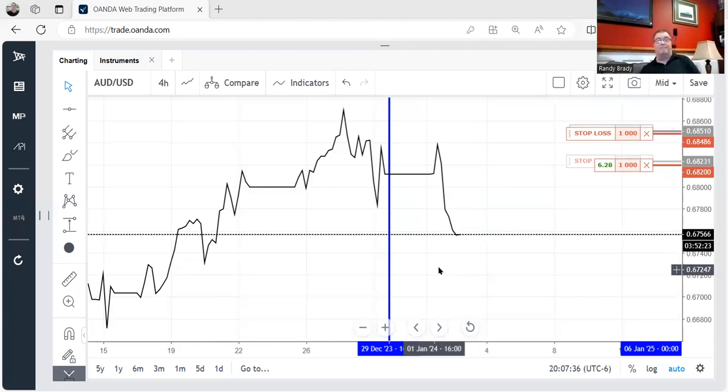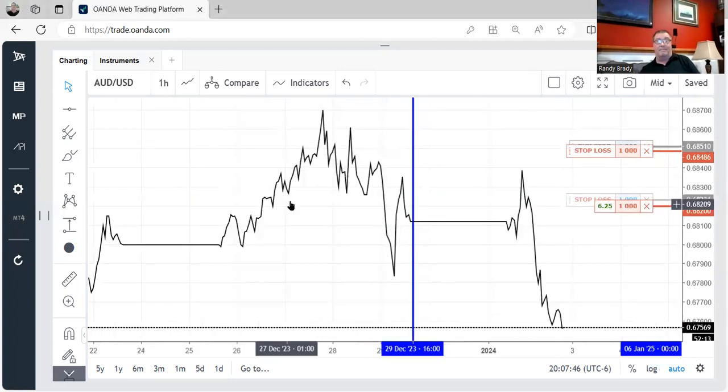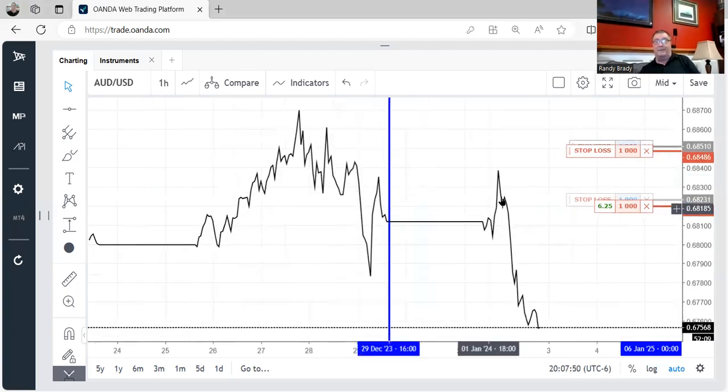Let me explain. The top right here, if we had gone down to the 1 hour chart, we would have seen right here this hitch and gotten in right here, a little bit higher than what we did.